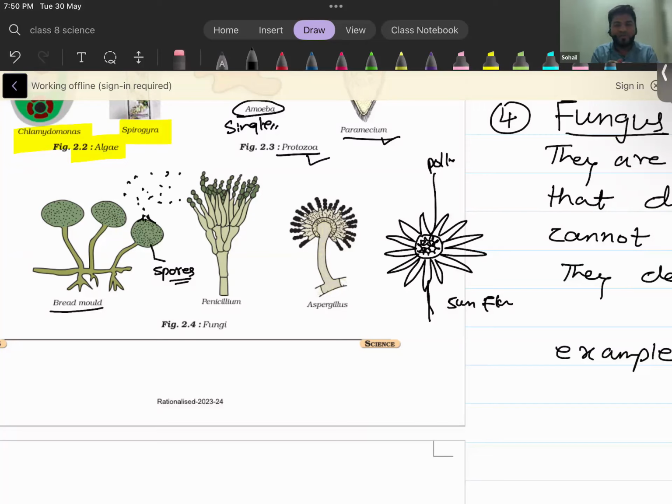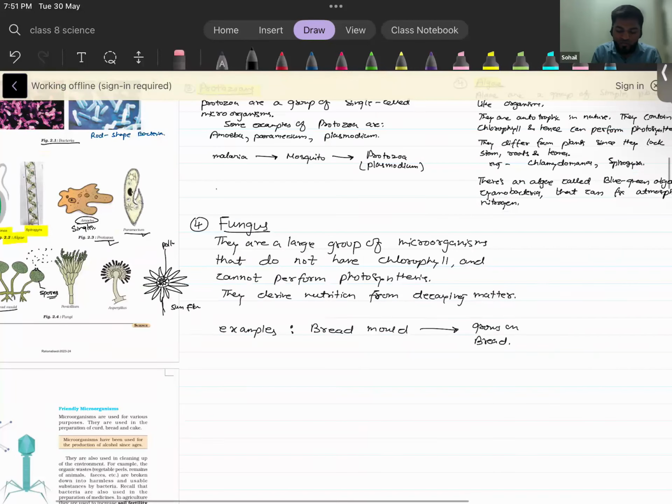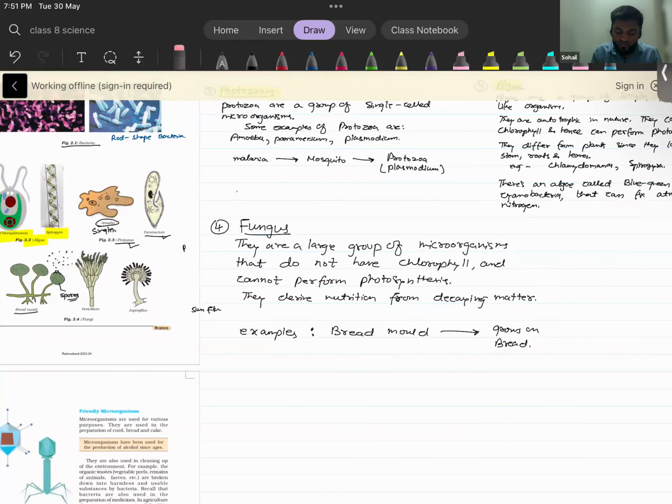Whatever food is present in that area, these spores will land on that food and contaminate it. It will start growing there, right? So that is how bread mold grows.